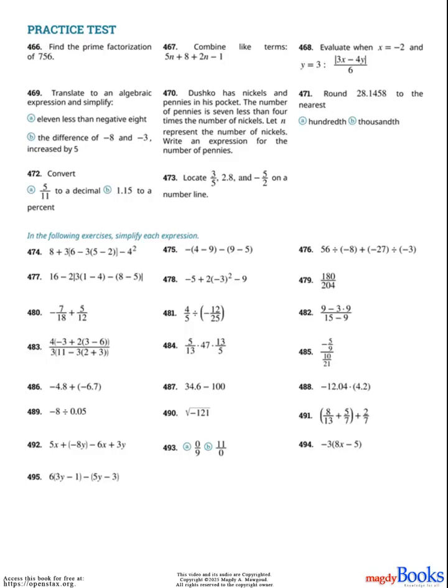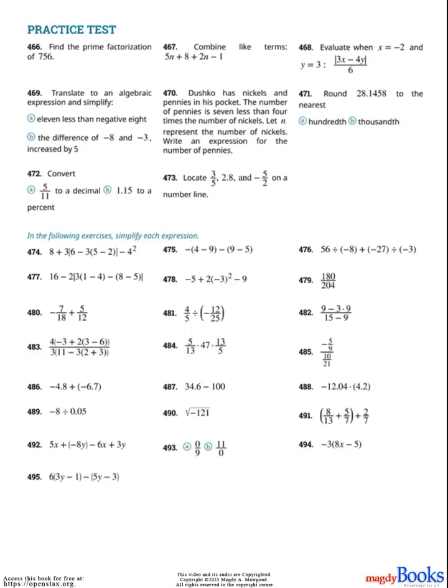In the following exercises, simplify each expression. 474. 8 + 3 times [6 minus 3 times (5 minus 2)] minus 4 squared. 475.